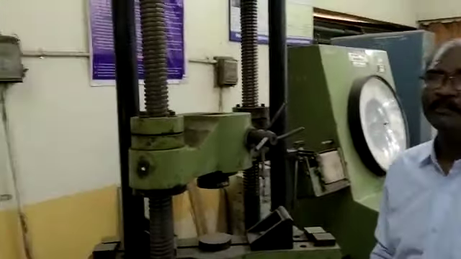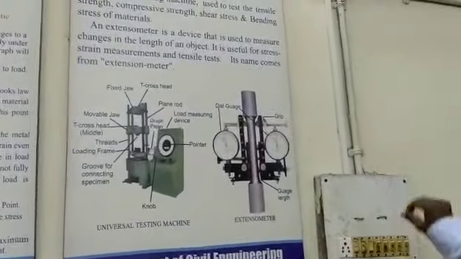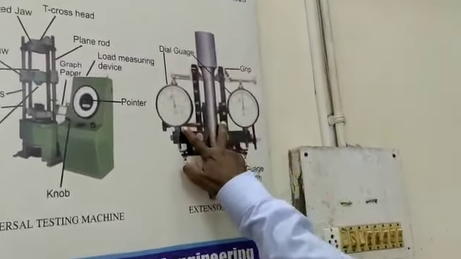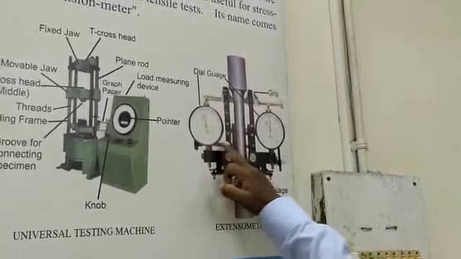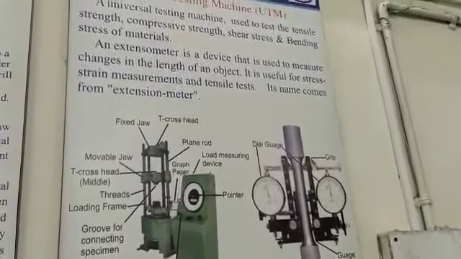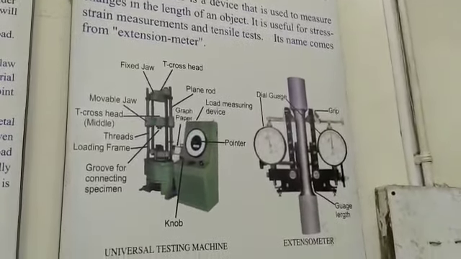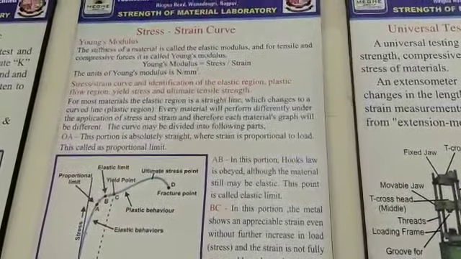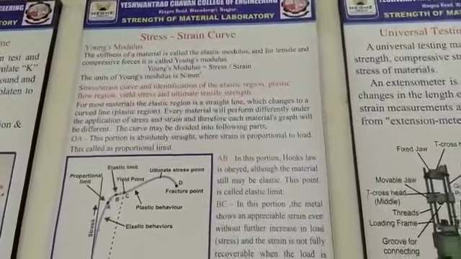Here in the diagram you can see that this is the extensometer which is attached to the specimen, which can directly give the value of displacement in the specimen. So in this way the displacement of the specimen can be known, the load can be known, therefore the stress strain curve can be plotted, and that stress strain curve is part of the second experiment.